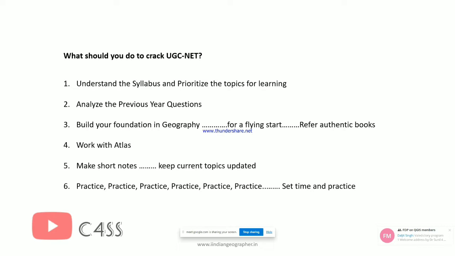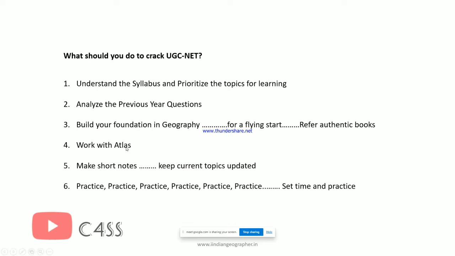So there may be a lot of errors, which may ultimately give you wrong information, and you'll end up wrongly marking your answers in the answer paper, right? So that is an important thing. Building foundation is key here, right? So what should you do to build foundation? Well, I'll give you the details as we proceed, right?